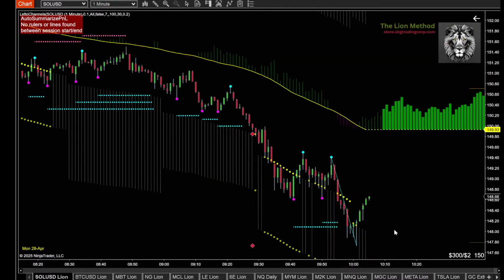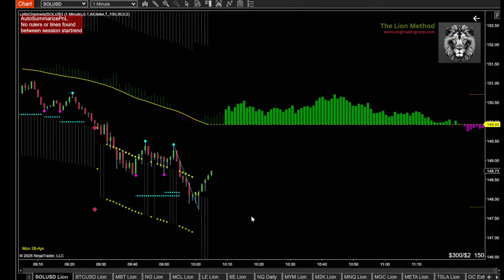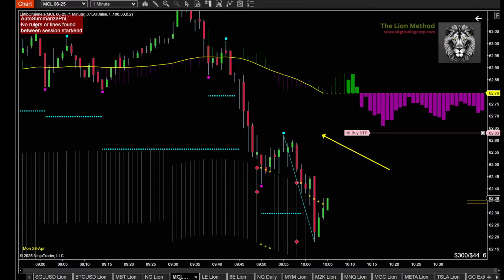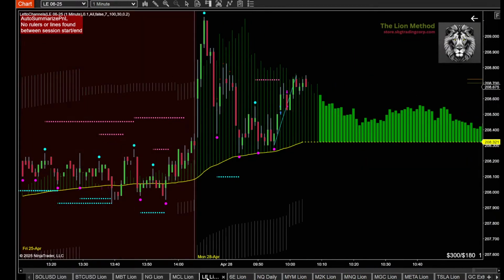Hence the word futures. Solana is setting up pretty good. We got a tendency to be up, but the market is oversold. That's interesting. Solana. Any of you trade cryptos? I'd love to hear from you.